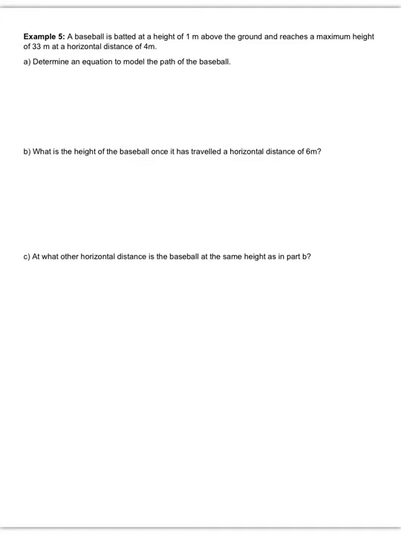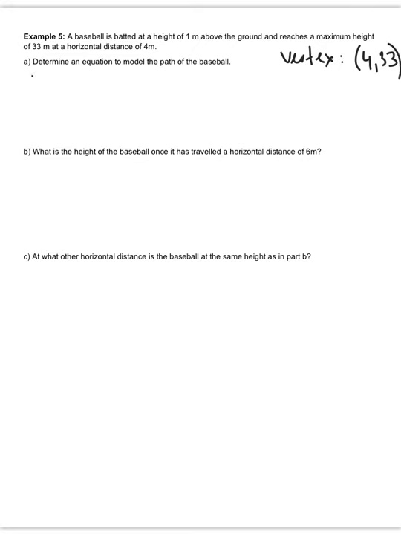Okay, so for our last example, a baseball is batted at a height of 1 meter above the ground, and it reaches a maximum height of 33 meters at a horizontal distance of 4 meters. Based on what we have here, we can already see what our vertex is. So our vertex is going to be (4, 33).